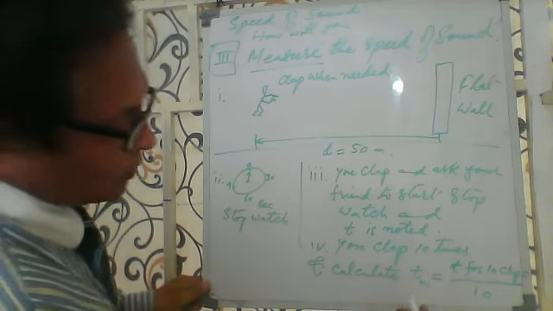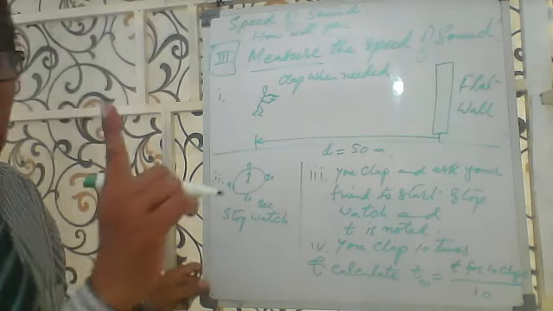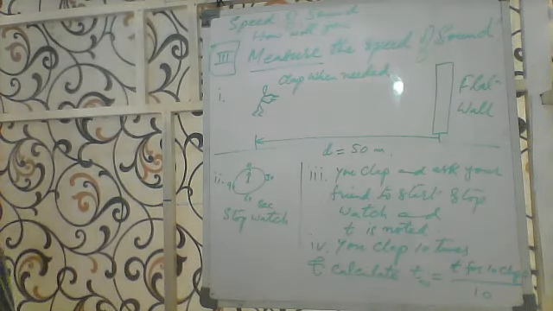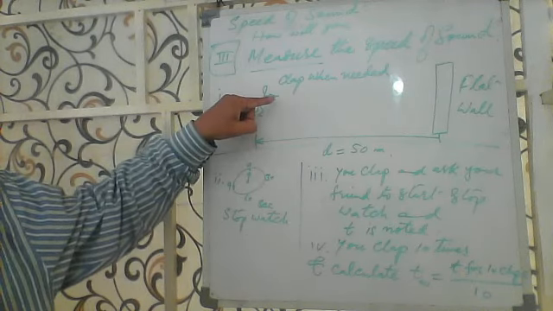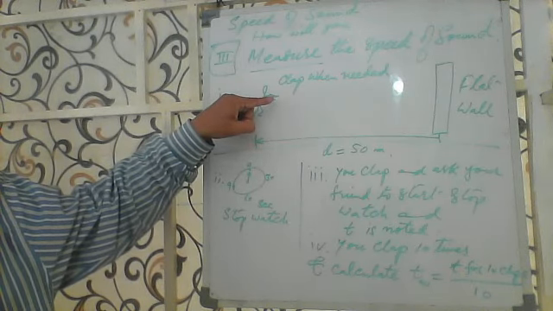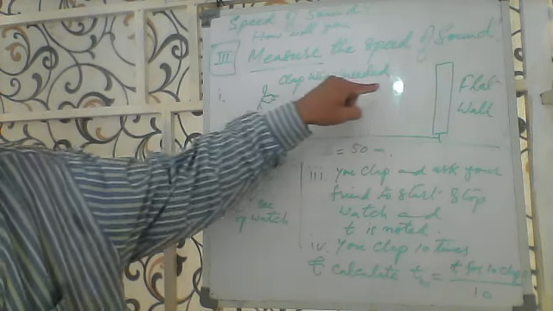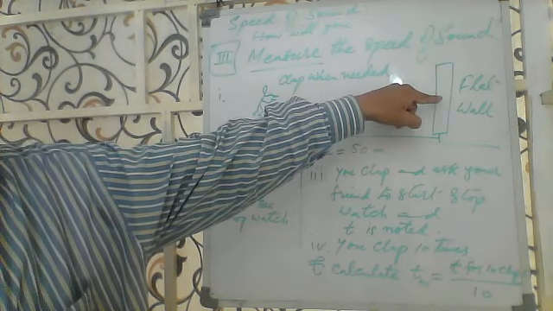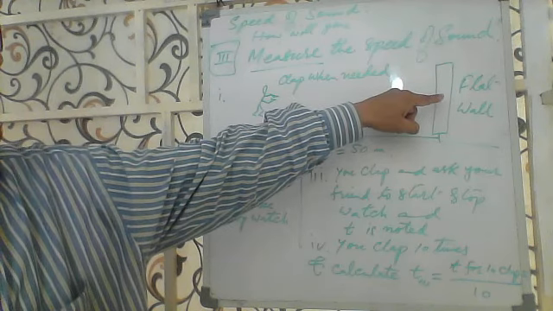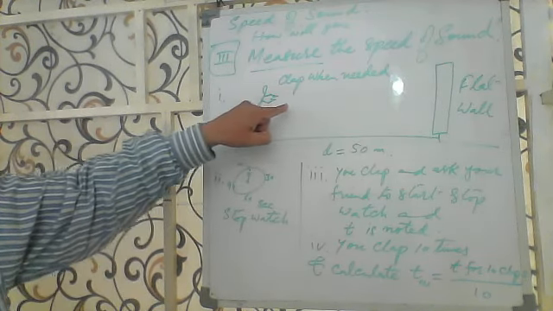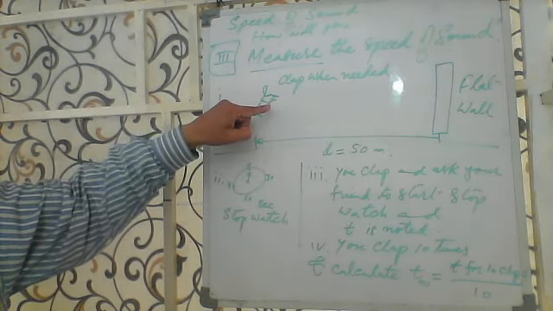It will give you average time for 1 clap. Means time for the sound to start from your clap, reaches up to the flat wall, hit it, and then bounces back and reaches up to you.